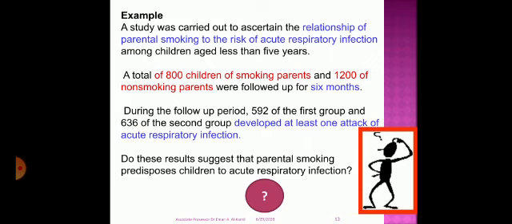If you remember, in the case control study, we had the same example, but we studied this relationship by starting with babies or children who have respiratory tract infection, and then we asked about the exposure, which was also parent smoking. But in this case, in the cohort study, we are going to start with children exposed to smoking, mother or father, parent smoking.